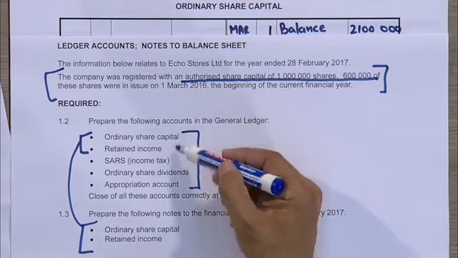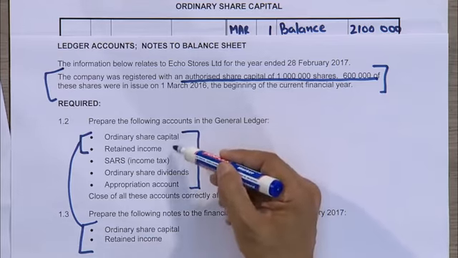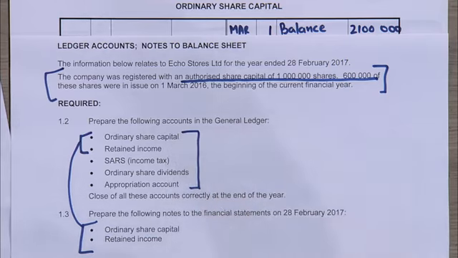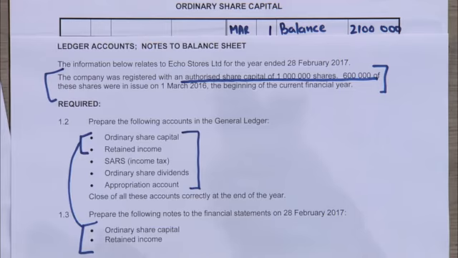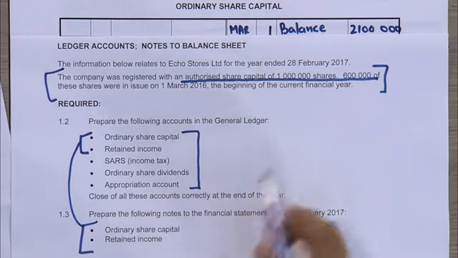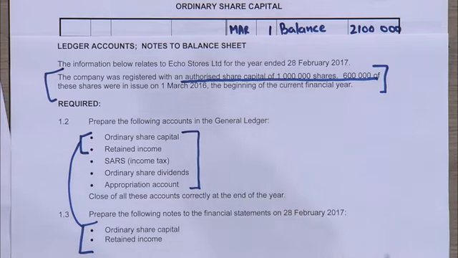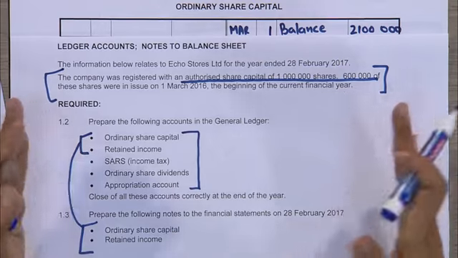Then they want us to complete the ordinary share capital note, the retained income, SARS account, ordinary share dividends, and the new account for you is appropriation. All these accounts will have to be closed off and properly balanced at the end of the financial year, and then we have to do the notes. Very important on this page are the amount that's authorized and the amount that's issued. So that is just your instructions.